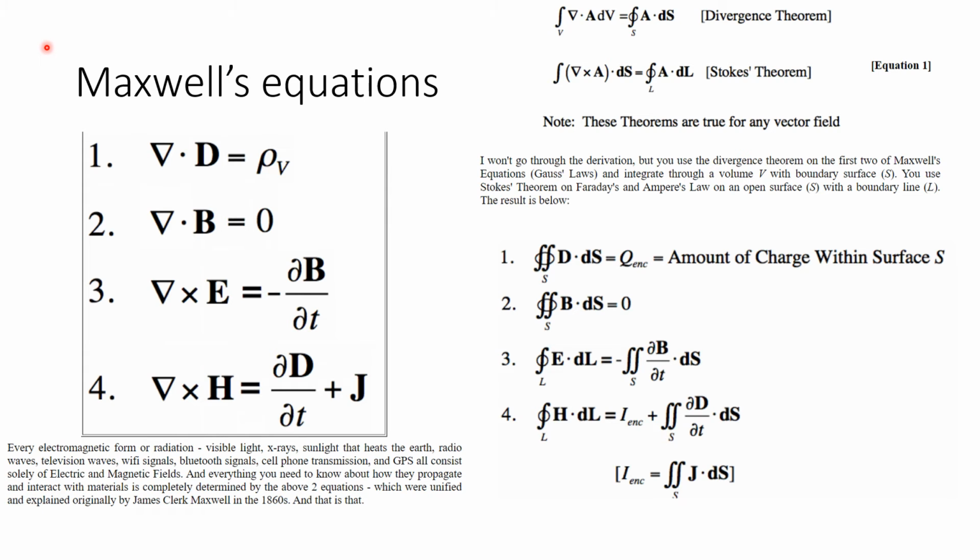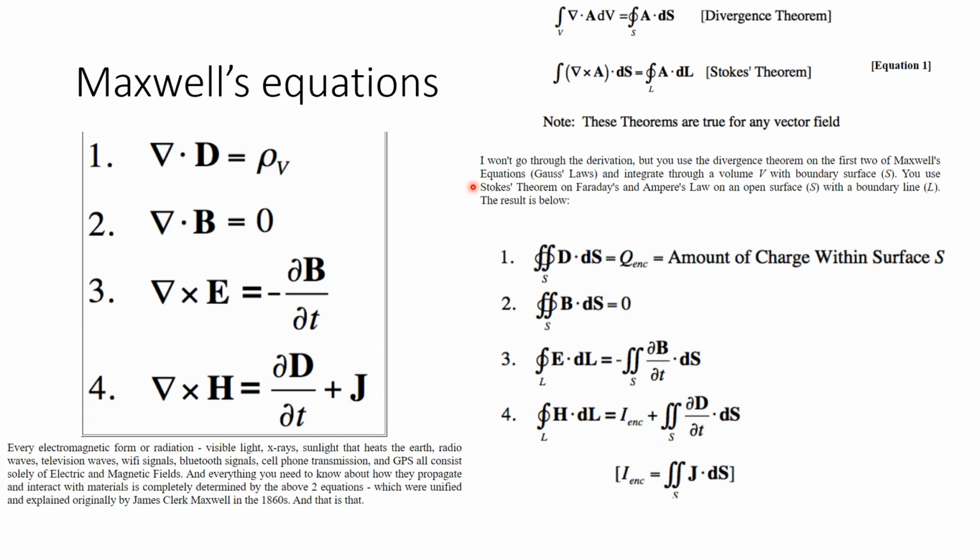Now, things don't stop there, though, because here's a statement of the divergence theorem, and here's a statement of Stokes' theorem, and these theorems are true for any vector field, but in particular, they're true for vector fields of electricity and magnetism, which is what Maxwell's equations are all about. Now, I'm not going to go through any derivations here because this is a 50,000-foot flyover.